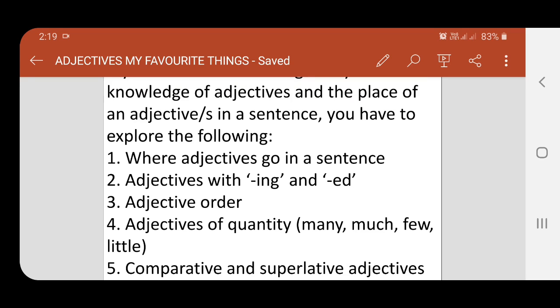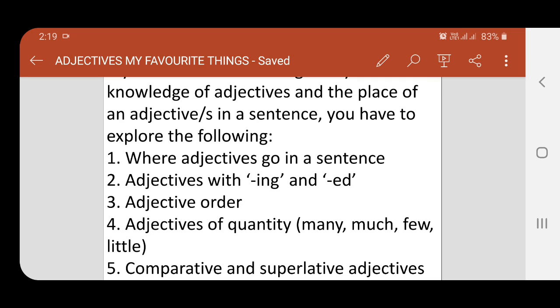I have not completed this part for want of time, so I was able to cover two points only. First, we saw where adjectives go in a sentence.